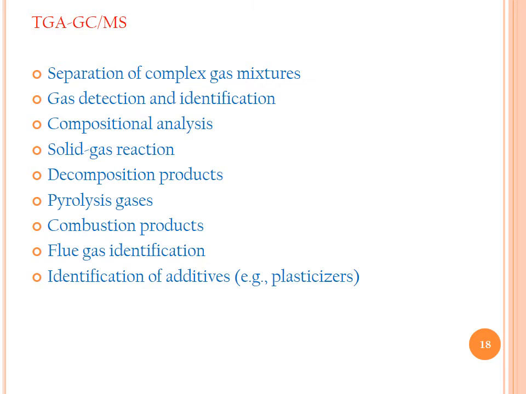Solid gas reaction, decomposition products as a result of degradation, decomposition, pyrolysis, and other types of reaction. Pyrolysis gases, combustion products, flue gas identification, identification of additives like the plasticizers that are used in plastic to enhance the elasticity of that particular polymeric material.